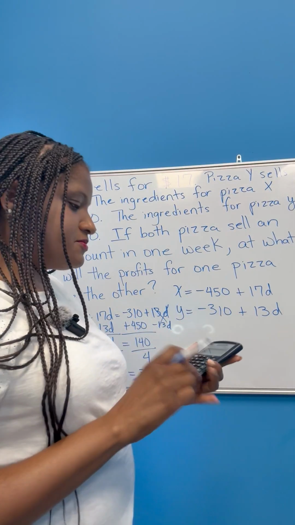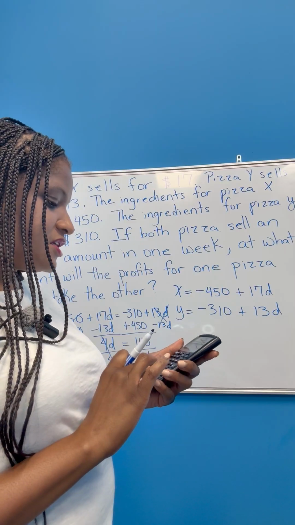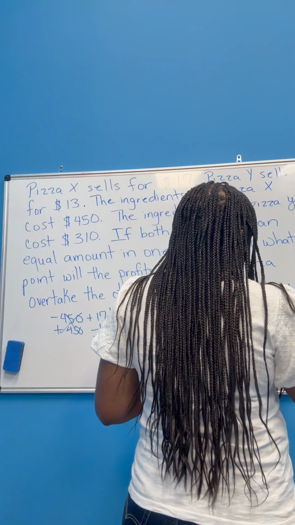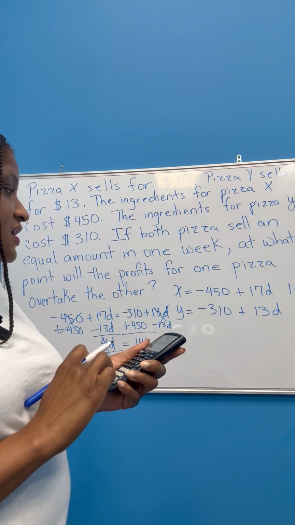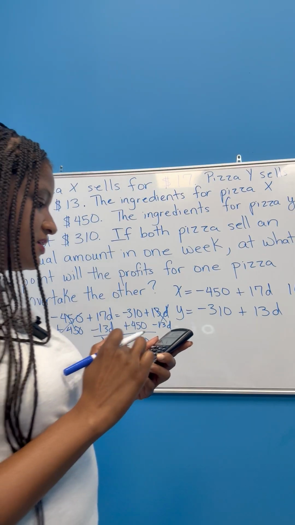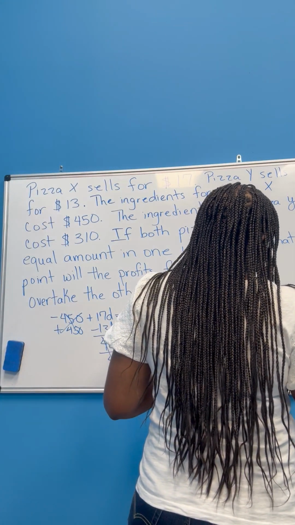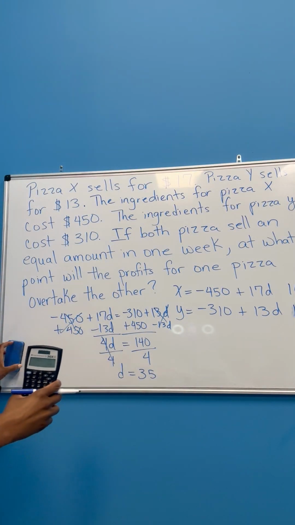Now, pizza X is more expensive. If we sell 36 pizzas, for pizza X, we make a profit of 162. If we sell 36 pizzas, for this one, we make a profit of 158.